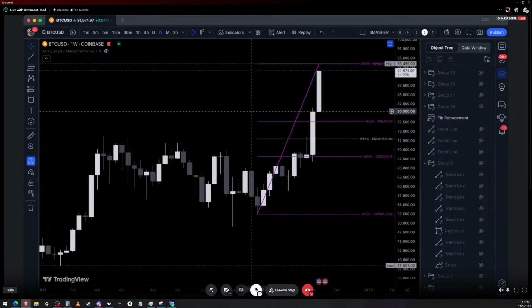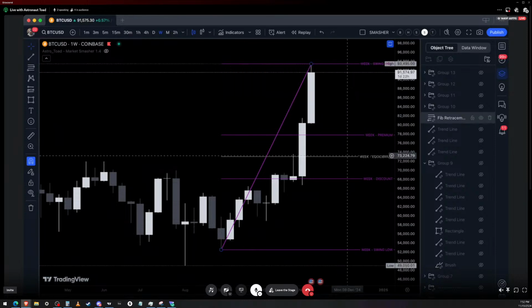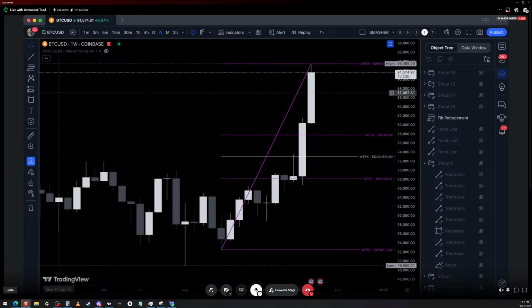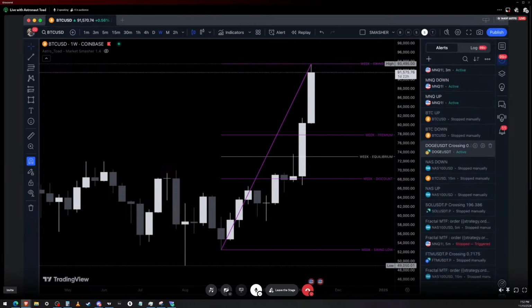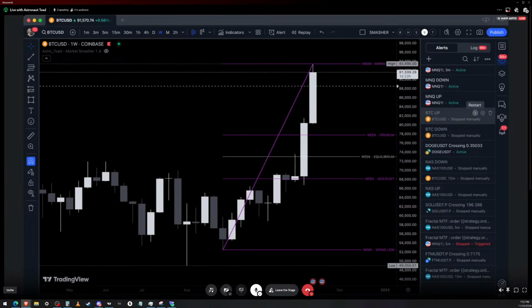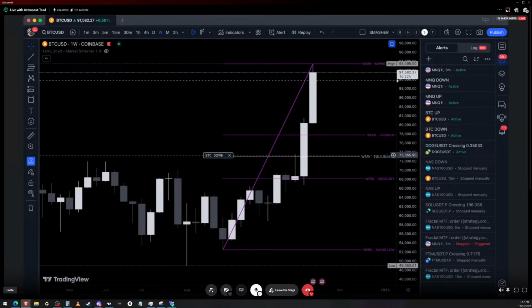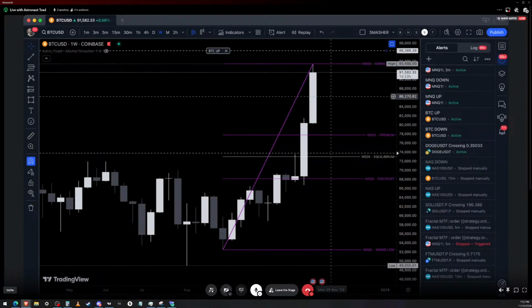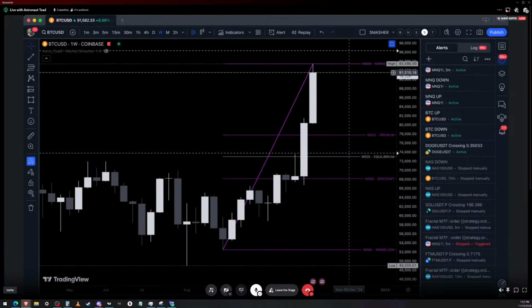If you see this chart, you draw this, and then you set an alert. This is called BTC down. You set an alert for somewhere around here, and then I'll just put that one up there for fun. And you walk away. If you come to the charts and you see this, you set your alert for equilibrium and you walk away. Okay.